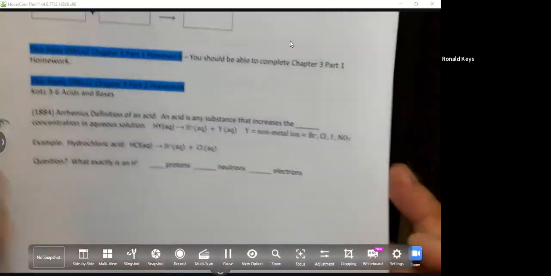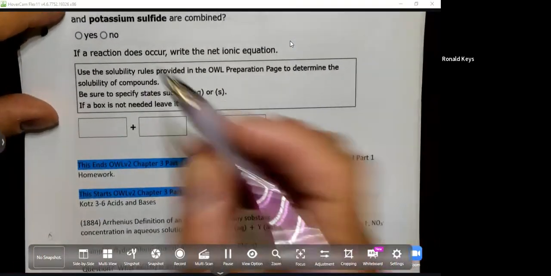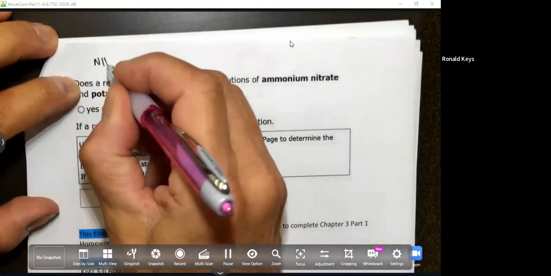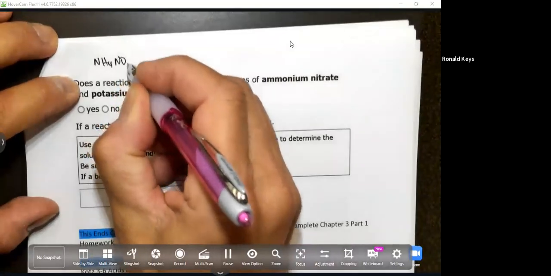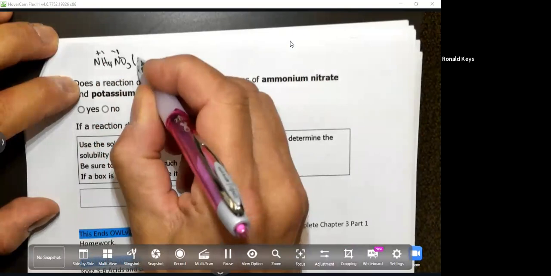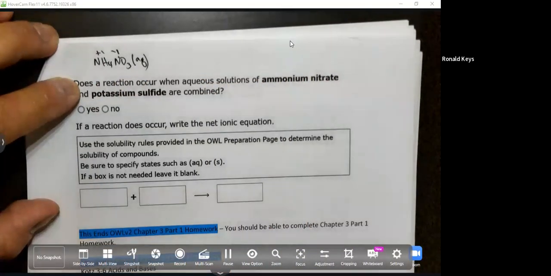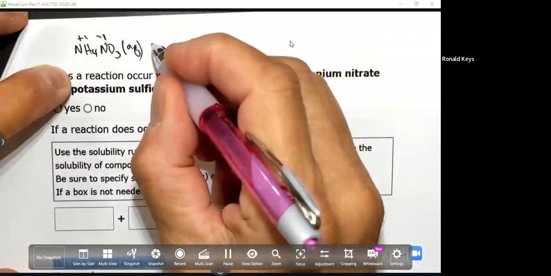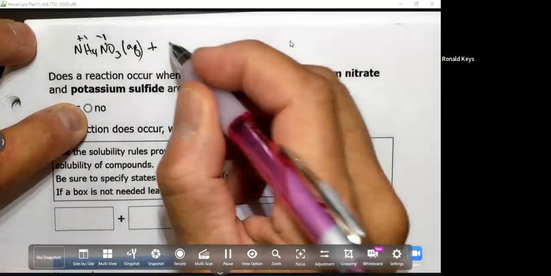So let's see what we got here. We've got ammonium nitrate, +1, -1. Now, hopefully I can put aqueous for that. Ammonium compounds are soluble, nitrates are soluble, plus potassium sulfide.